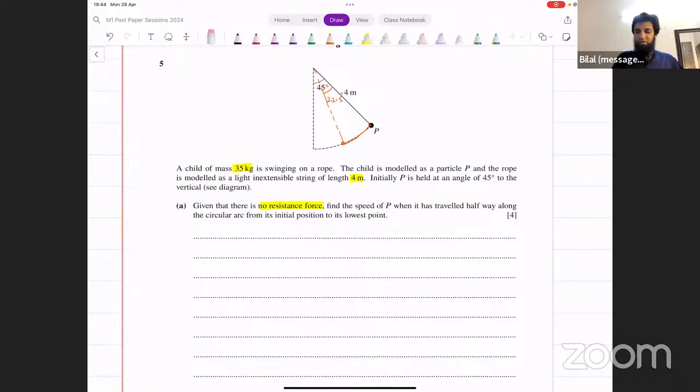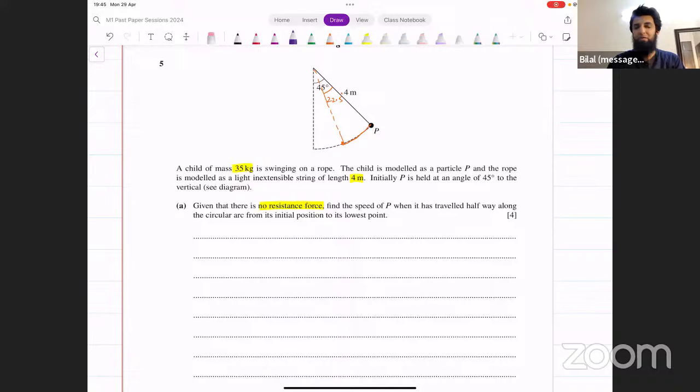Okay, now how do we think about this? It's an arc. Whenever you have a circular arc like this, remember, you cannot use constant acceleration formulas because the direction of the object is changing at every single point. Since the direction is changing, acceleration is changing. So constant acceleration formulas cannot be used here because acceleration is a vector quantity. Sometimes they give you correct results even if you apply them, but you will have deduction of marks.